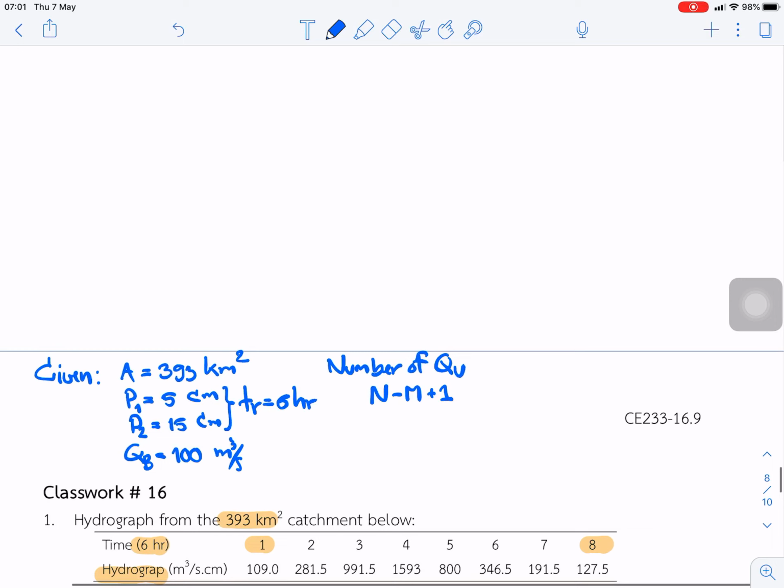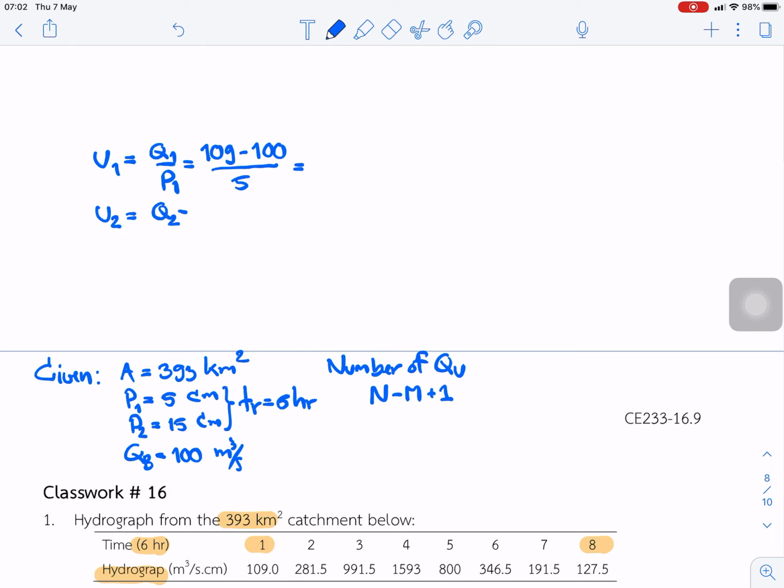For example, we can start from U1 equal to Q1 divided by P1. But in this case we have to subtract the base flow from Q1, the direct runoff, and divide by P1 to estimate U1. And next we can find U2.